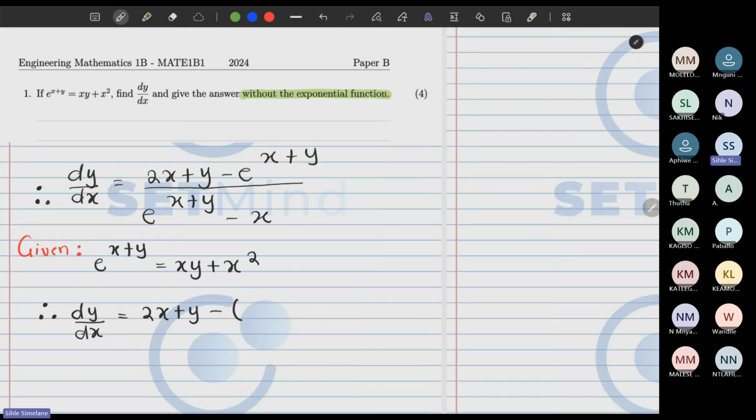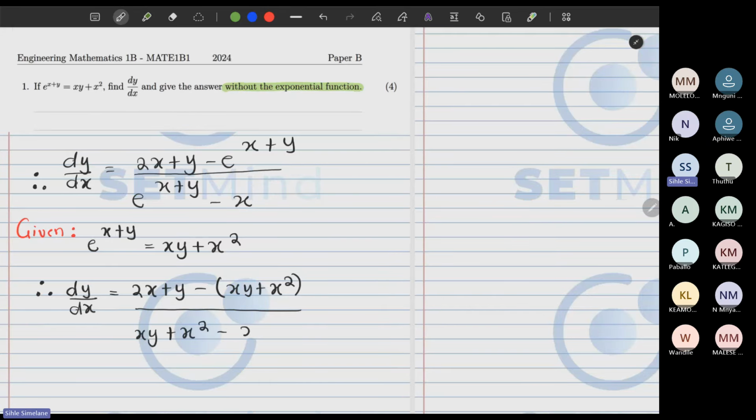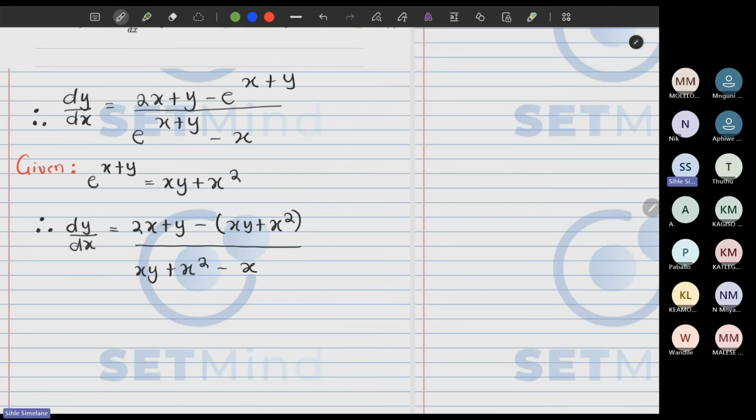So minus (xy + x²), and then divided by, wherever I see e^(x+y), I'm going to replace it with xy + x², and then on the denominator we have minus x. Let's try and simplify that, of which it's not going to simplify any further.